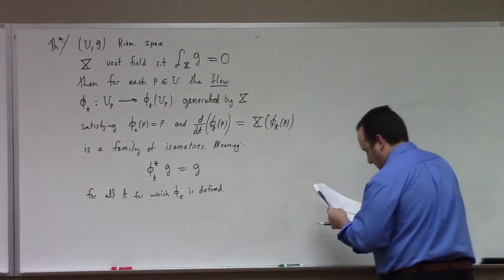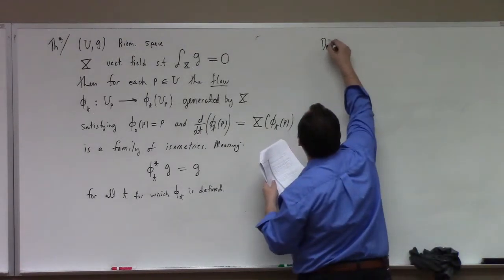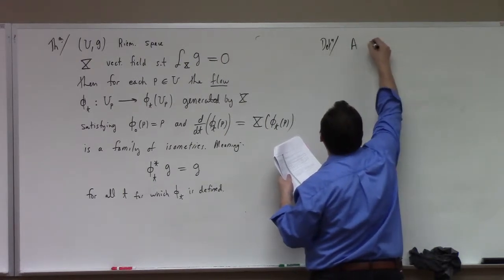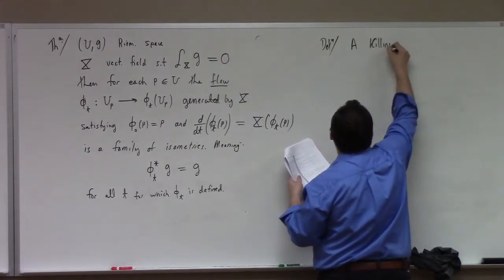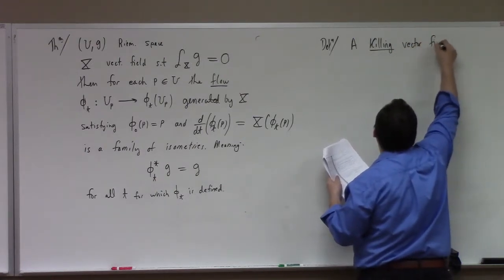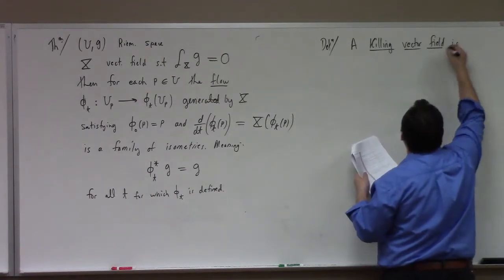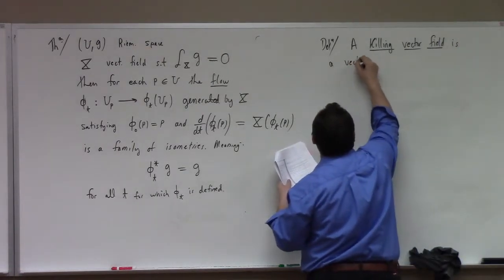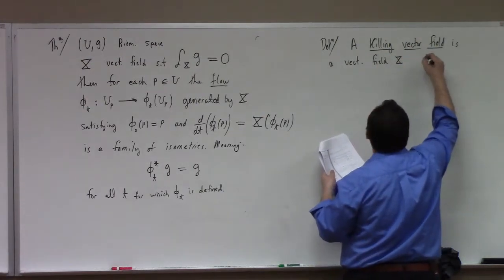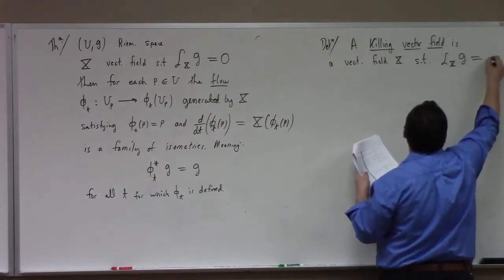All right. Stop that. Definition. A Killing vector field is a vector field X such that the Lie derivative along X of the metric is equal to 0.